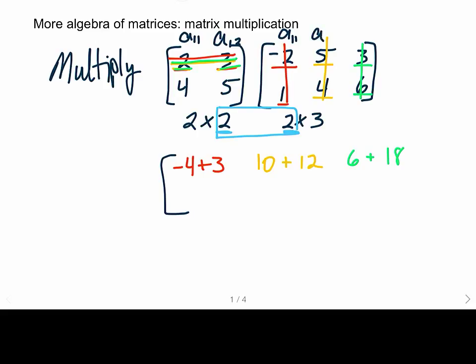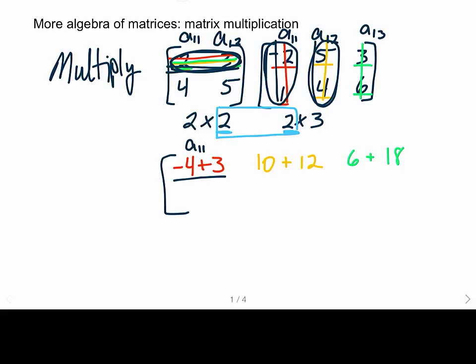And so for the other one, we have A12 and then A13. When we take the first row, like we've just done, and multiply it by the first column of the second matrix, that's row 1 and column 1. That's where that landed, in A11 in the product matrix. When we took the first row of the first matrix and the second column of the second matrix, that landed in A12, and so on.